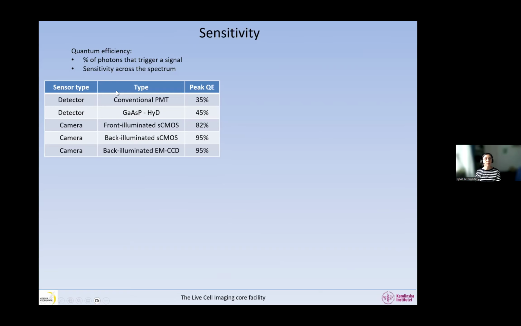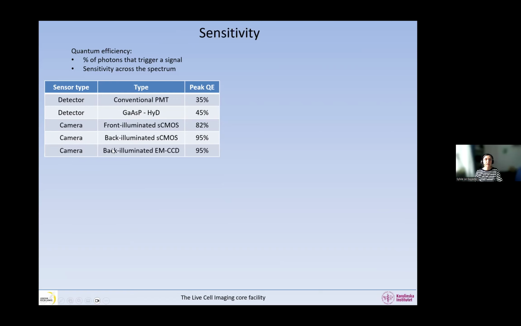One type is a conventional PMT, which means photomultiplier tube. These have a quantum efficiency of 35%. So 2/3 of the incoming photons that we have worked so hard to send to the sensor are not detected anyway. And then if the detector is a GaAsP detector, it's a bit higher, about 45%. Anyway, more than half of the photons are lost.